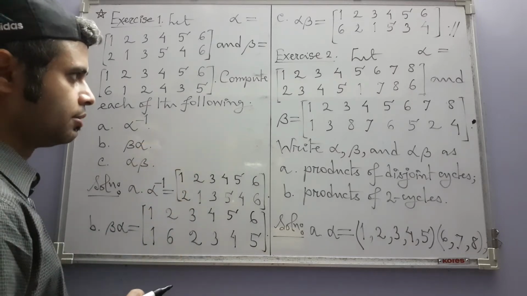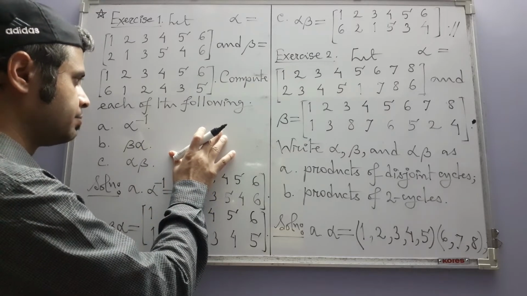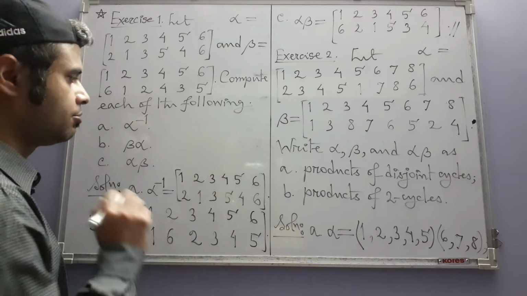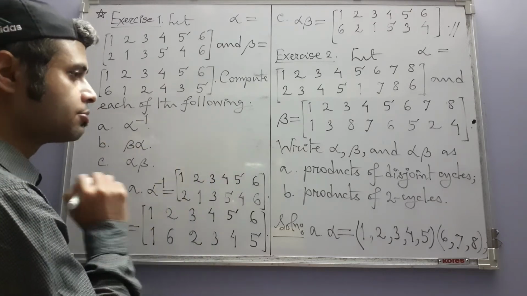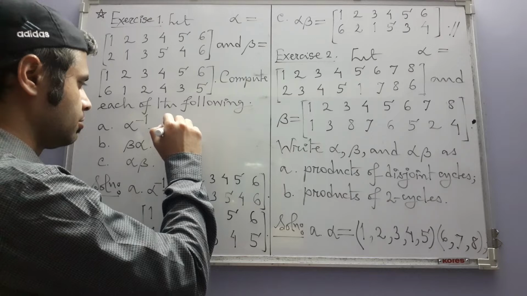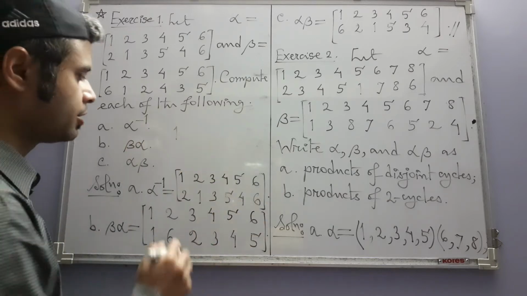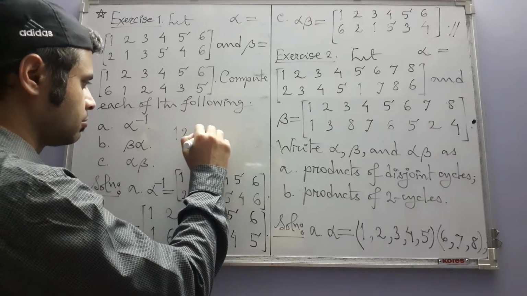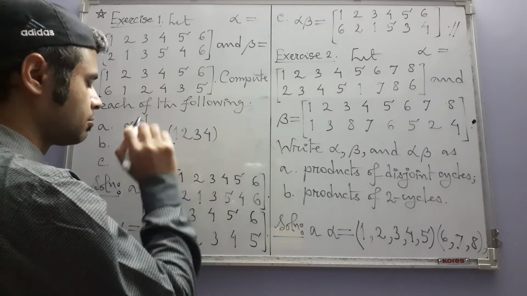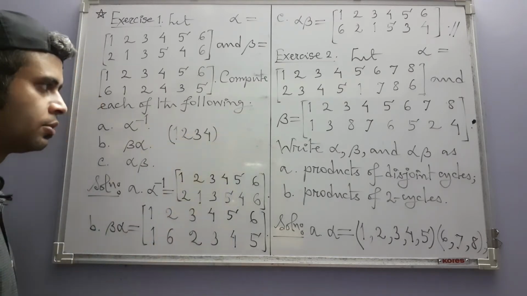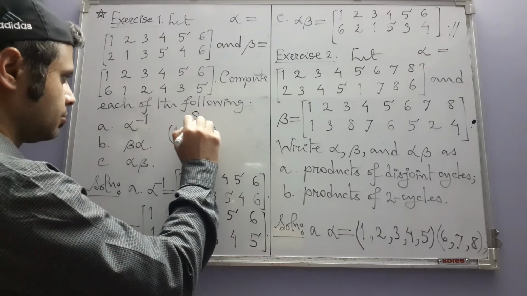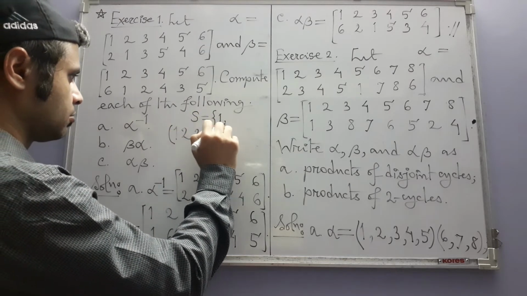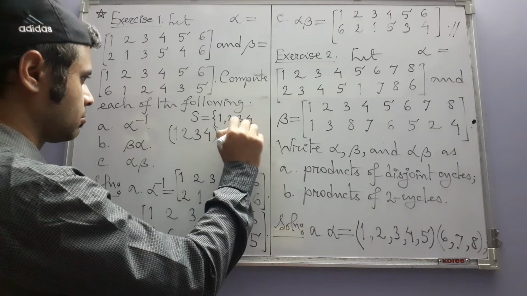For example, you are given a permutation that looks like this, where suppose you are not using commas.